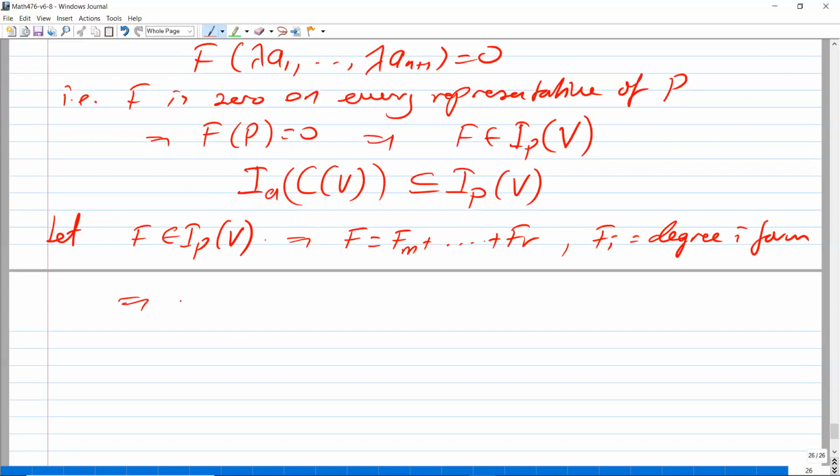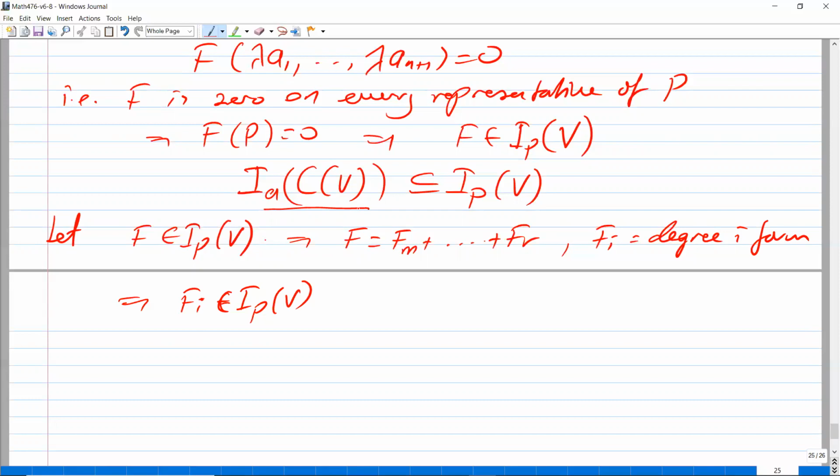In this case, all these Fi's are also in IPV because IPV is a homogeneous ideal, since V is a projective algebraic set.